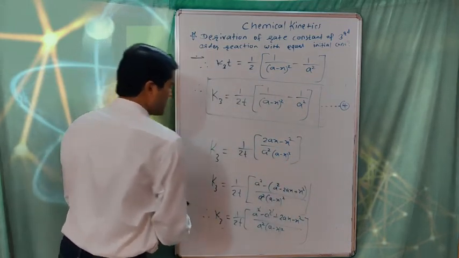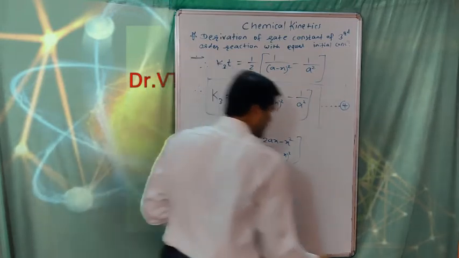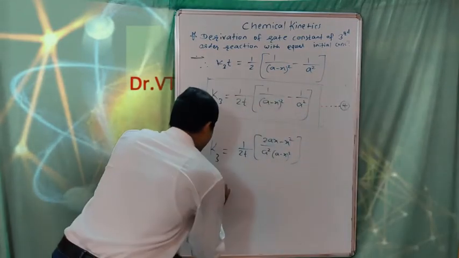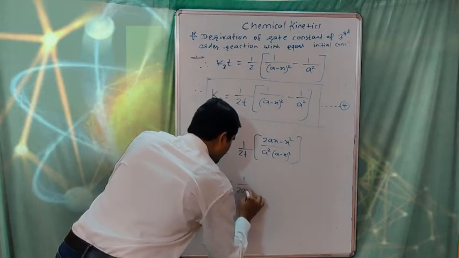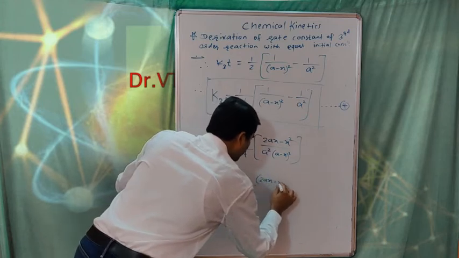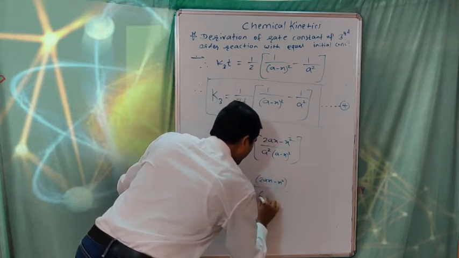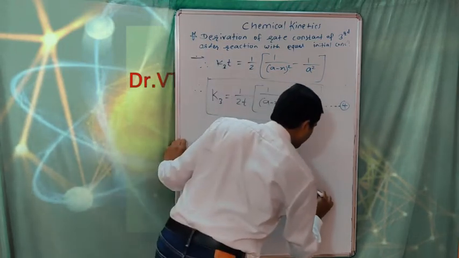Or this a square is constant, so you can write this another way also. So k3 is equal to 1 upon 2a square t into what is left, 2ax minus x square upon (a minus x) bracket square. So this is our equation number 5.